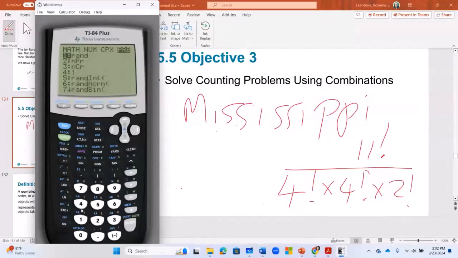Questions will be coming next week, after you have read the PowerPoint. Anyway, there are 34,650 different ways we can arrange Mississippi where order is important.